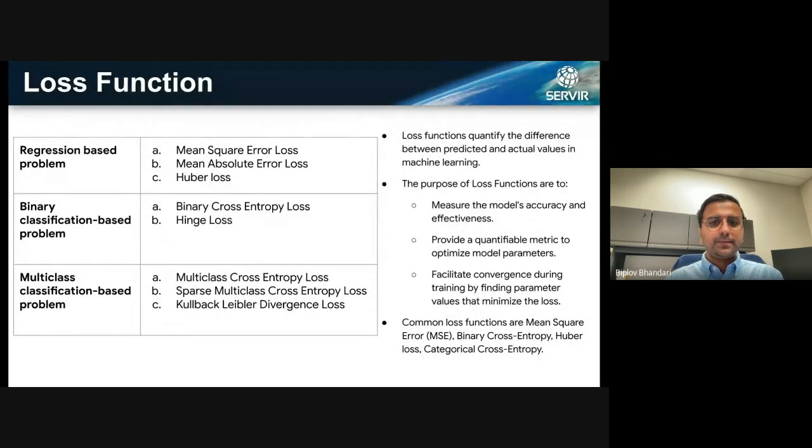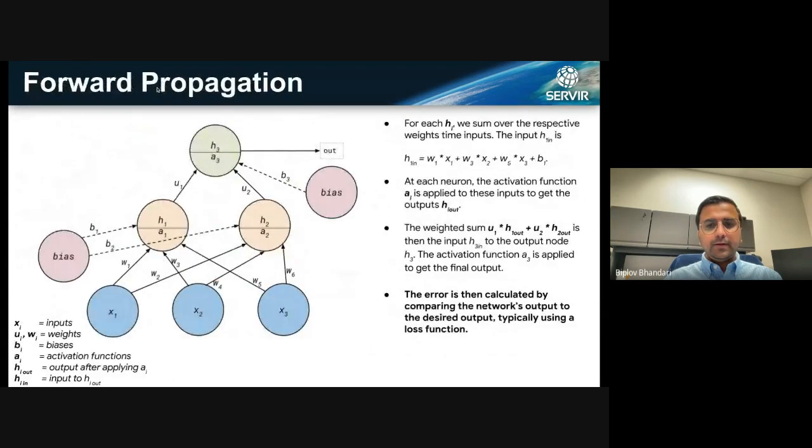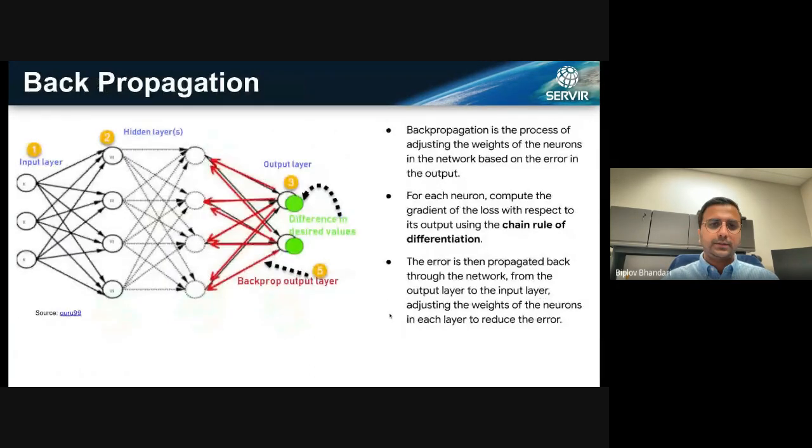The next important concept is the loss function. Once the output from a forward propagation is produced from the network, it computes the error associated, normally using a loss function.